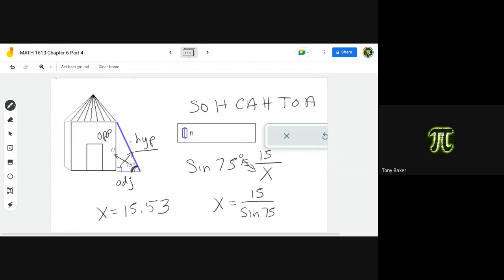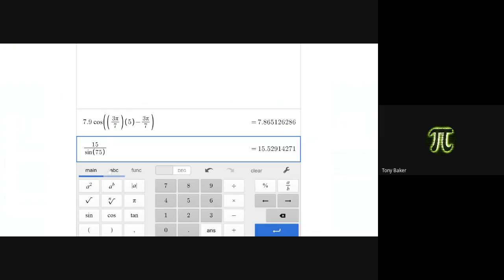The number one mistake people make on this is not making sure your calculator is in degrees or radians, and typing things in incorrectly. You do not want to round things as you're doing it. That's why you want to type the entire thing into your calculator as 15 over sine of 75, so you get the exact answer in one shot. Okay.